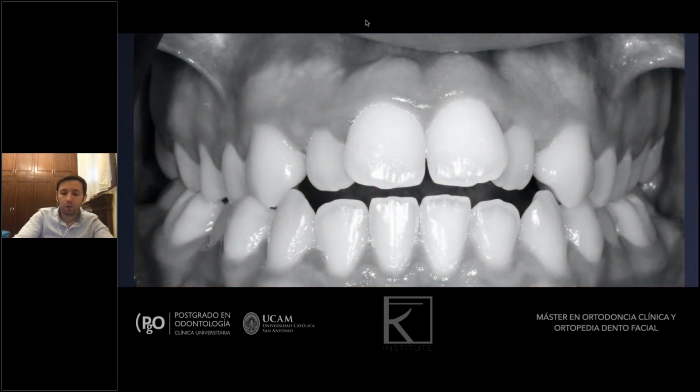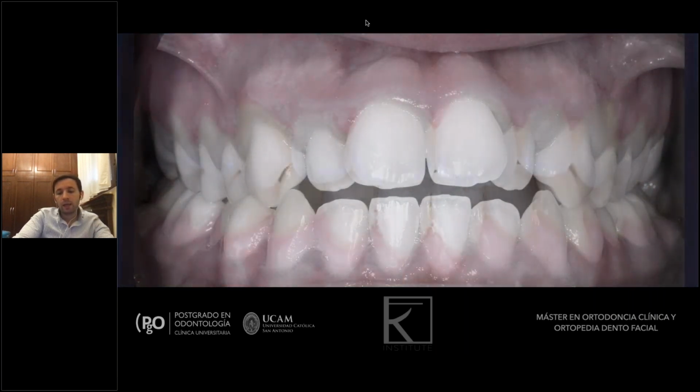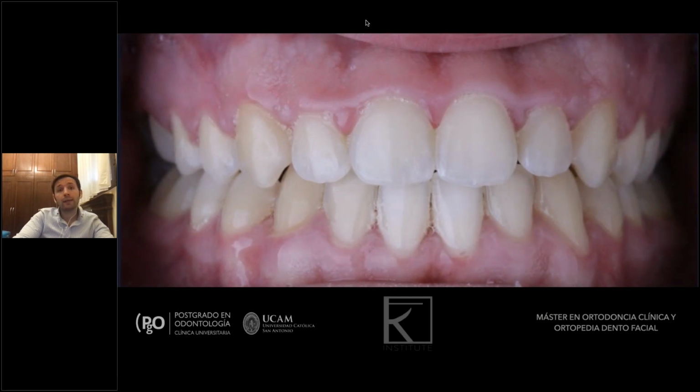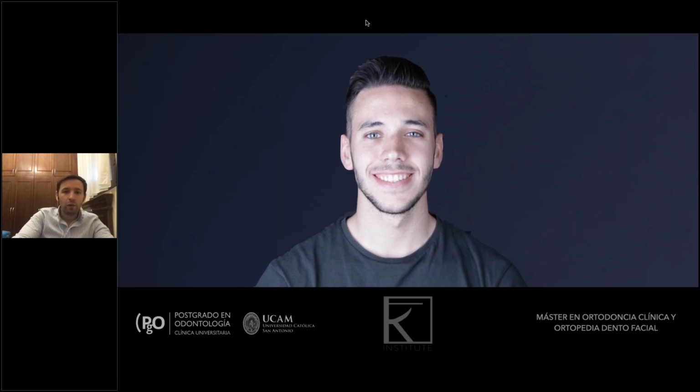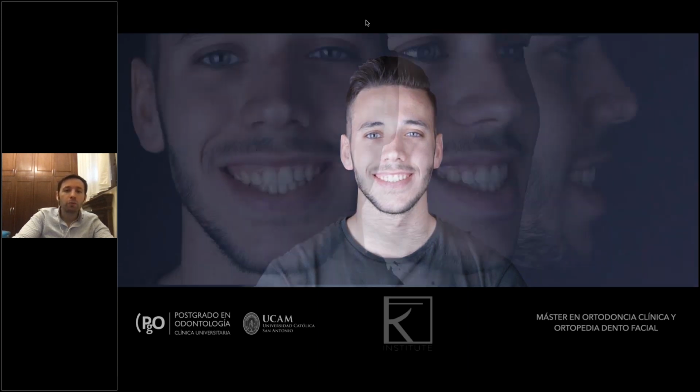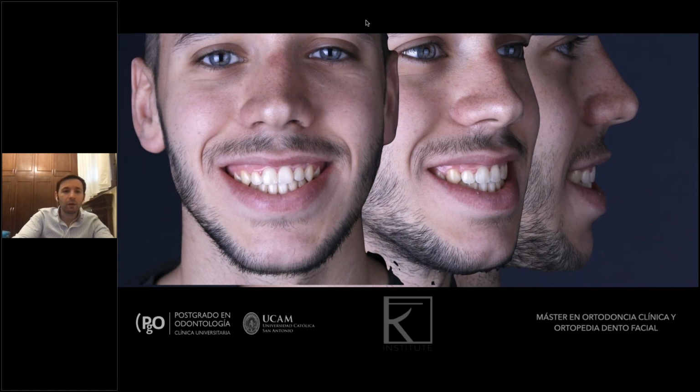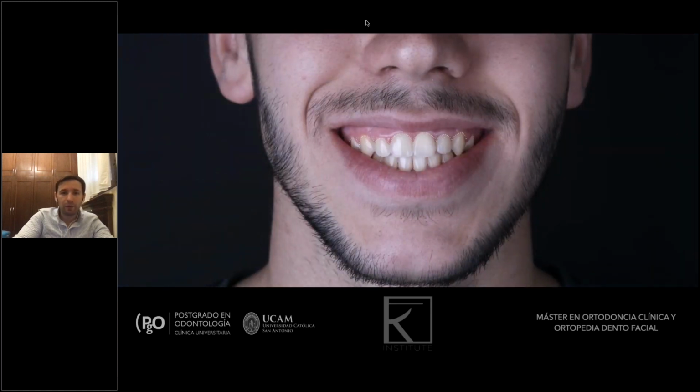Look at the beginning, and look at the end of the treatment. Look at the face. The face is perfect. The face is in harmony. Now he can smile with no proportion problem. Look at the symmetry of the smile. It's perfect.